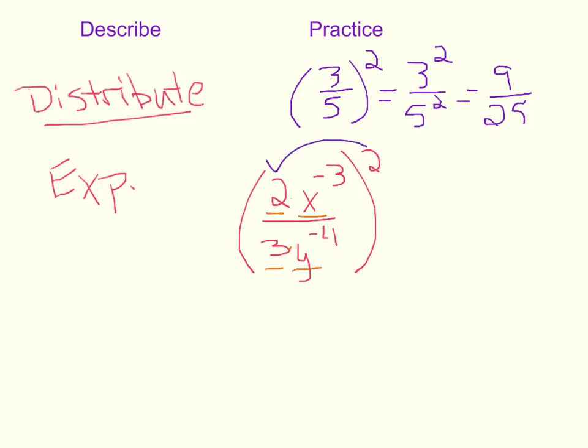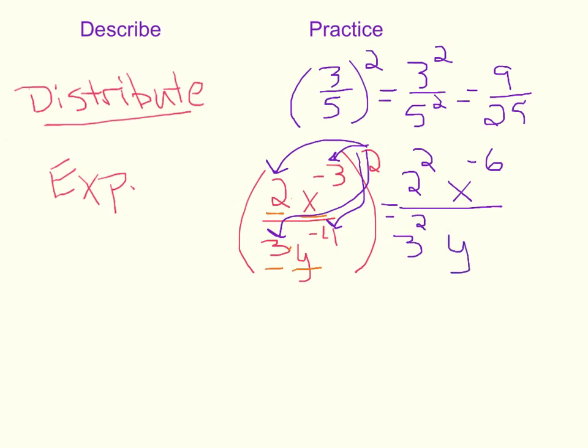This exponent has to go to everything inside parentheses. So 2 squared x to the power of, power to a power, negative 3 times 2 is negative 6, over 3 squared, and then y, power to a power, negative 4 times 2 is negative 8.